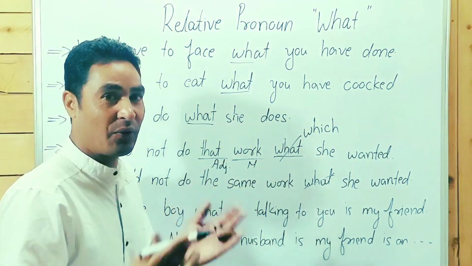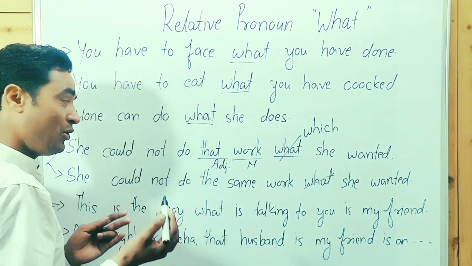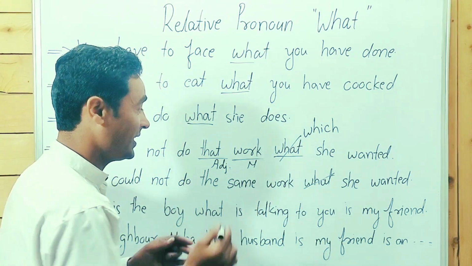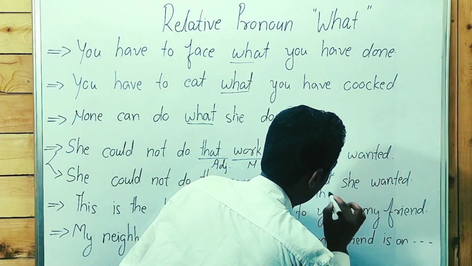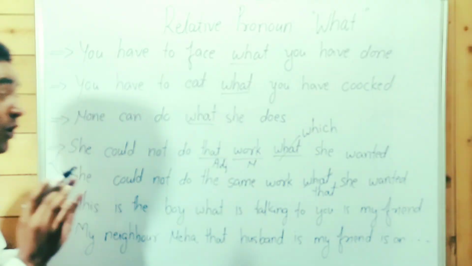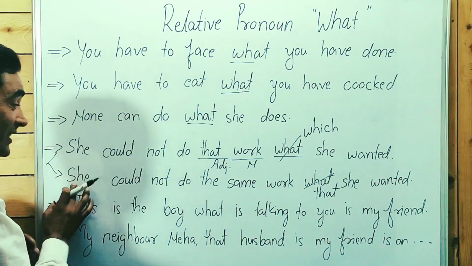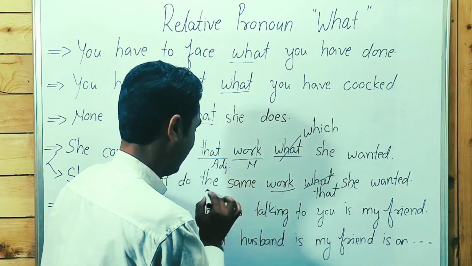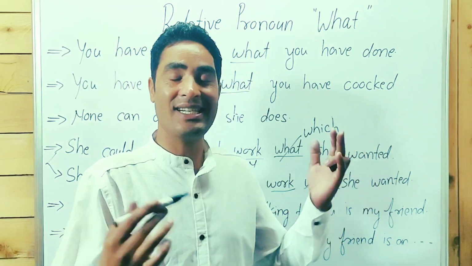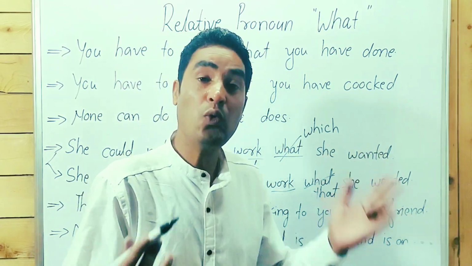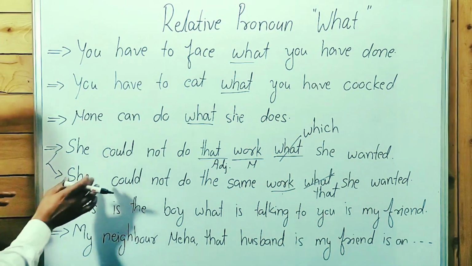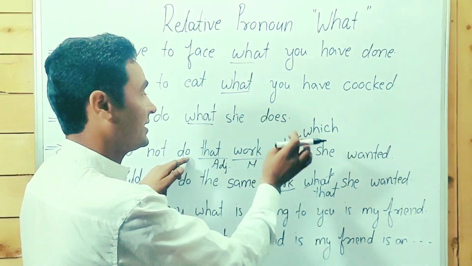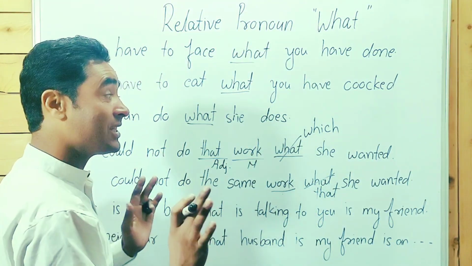The same, the few, the only, some, and little, few, etc., something, none, nothing. With them we use that, not what. Now it's a correct sentence: she couldn't do the same work that she wanted. Work is an antecedent over here. So guys, if you write this sentence, she couldn't do what she wanted, this is a correct sentence.